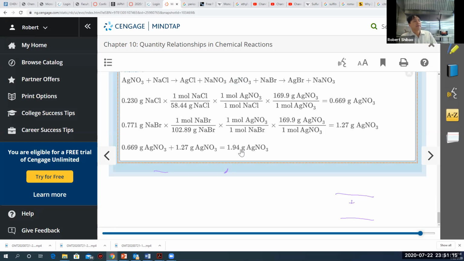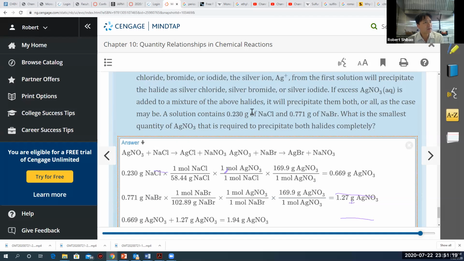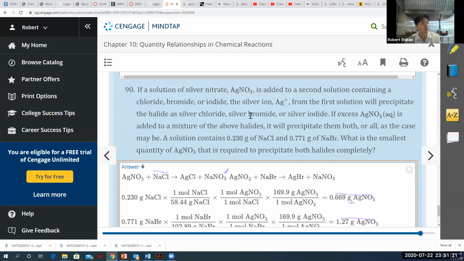Oddly enough, the backwards problem of this is very interesting. And so number 90, the backwards problem of this is quite interesting. So when we look at this mixture, let me do it here.